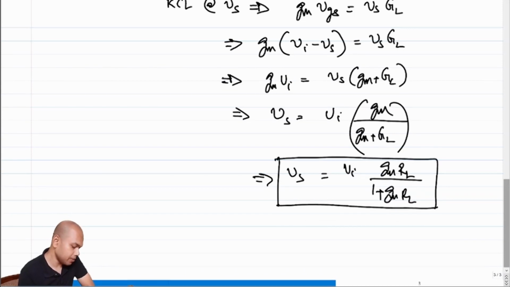What is the other thing that we need? We need the incremental current, right?